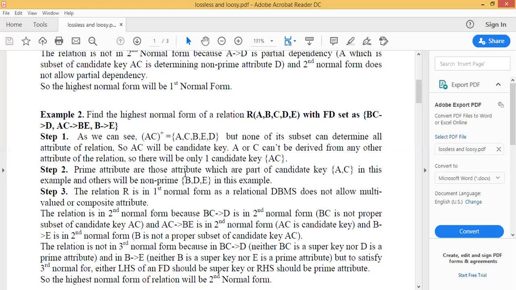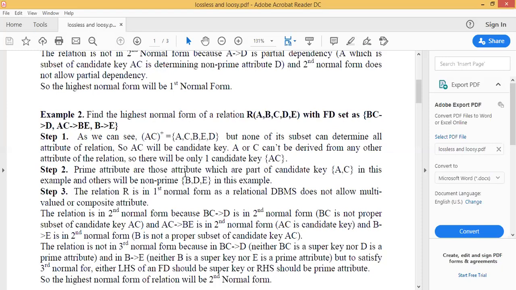So AC will be the candidate key. A or C can't be derived from any other attribute of the relation. So here only one candidate key exists, which is AC.